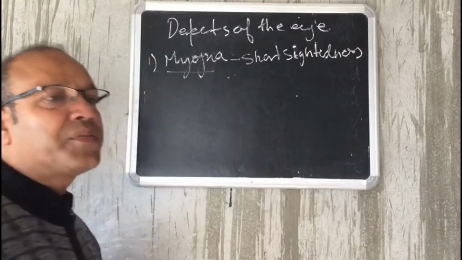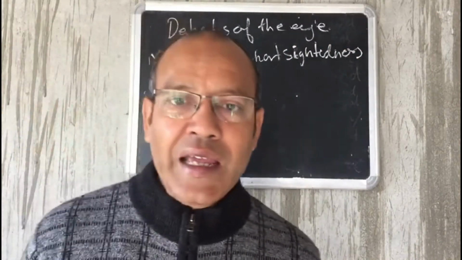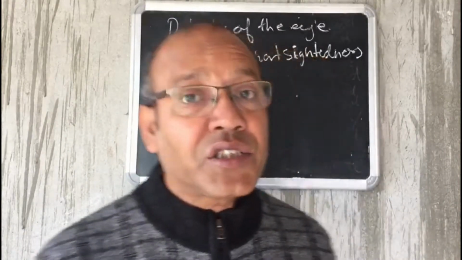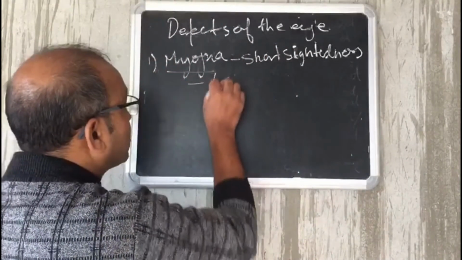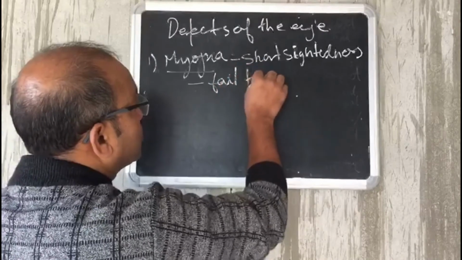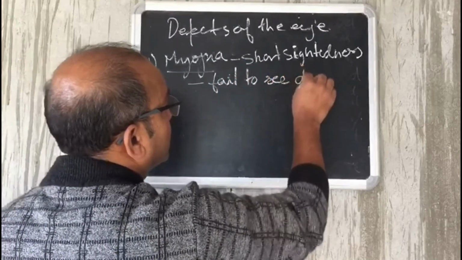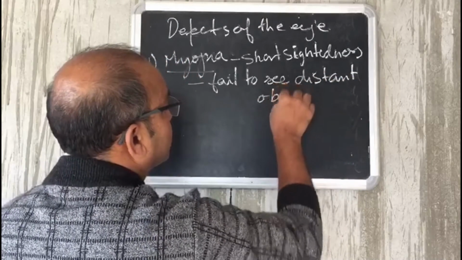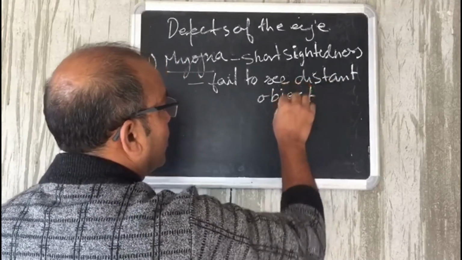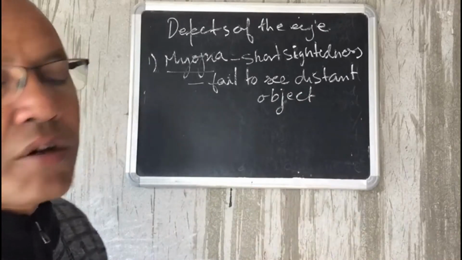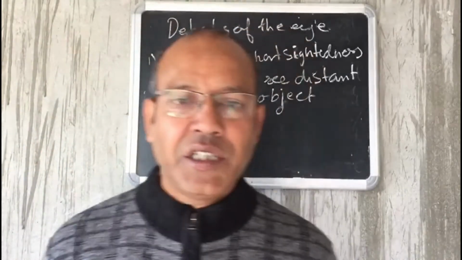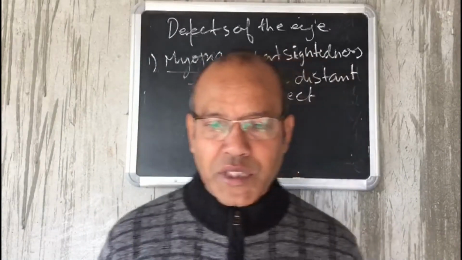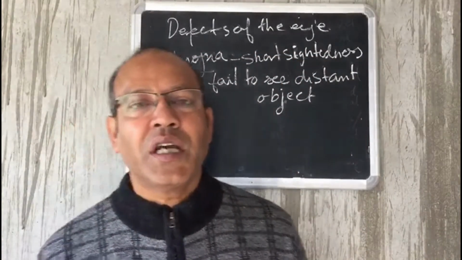That means in this particular case, the eye can see near objects clearly, but it fails to see the distant objects. A person can read or write comfortably, but the distant objects are not visible to the eye.